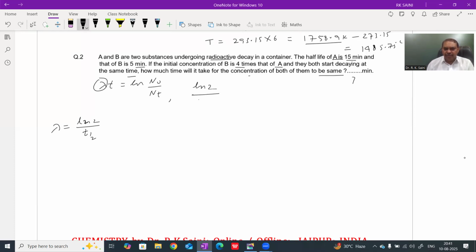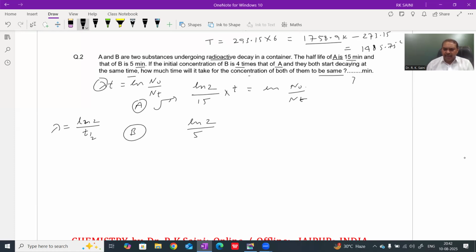Therefore for A, the decay constant ln2 upon half life 15 into t equals ln a naught upon nt. For second, ln2 upon 5, as the half life of B is 5 minutes. This is the equation for A, with the initial concentration of A and the concentration of A after time t.